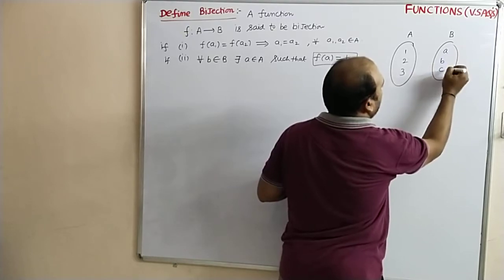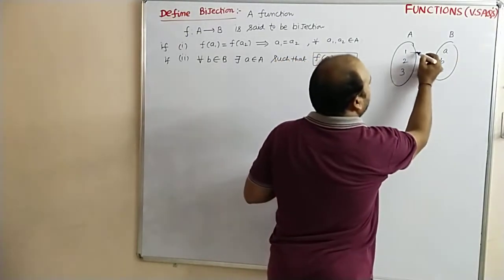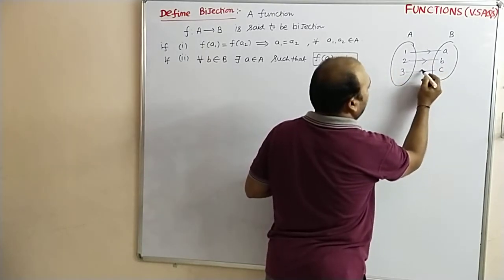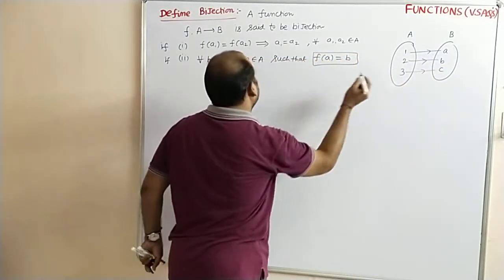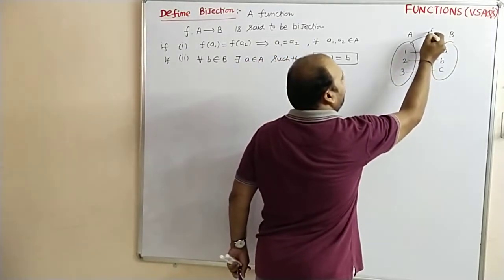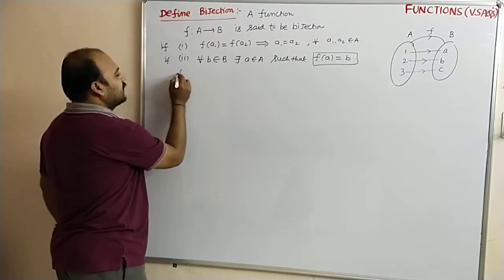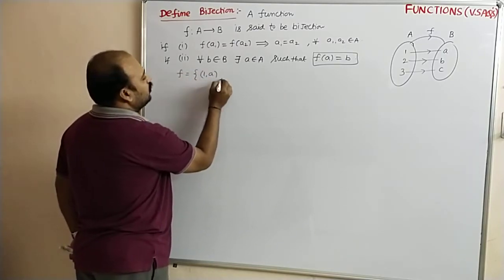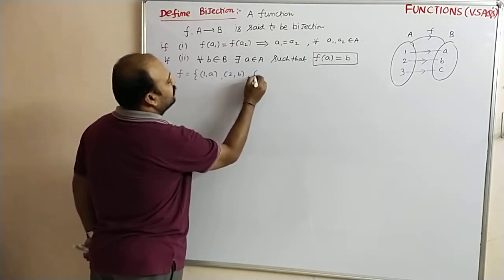Suppose 1 is related to a, 2 is related to b, 3 is related to c. So f is defined from A to B as f equals (1, a), (2, b) and (3, c).